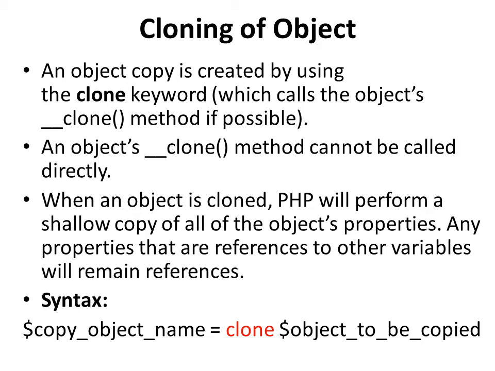When an object is cloned using the keyword clone, PHP will perform a shallow copy of all the object's properties. It will assign all the attributes of the current object to the newly cloned object. The syntax is: new object equals the keyword clone and the object to be copied.